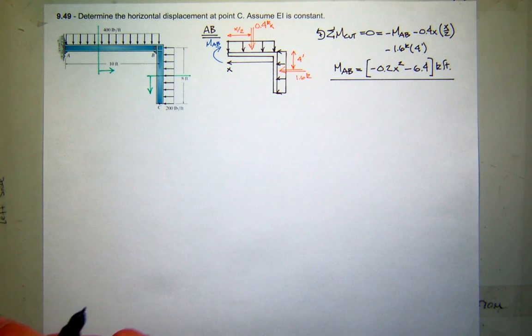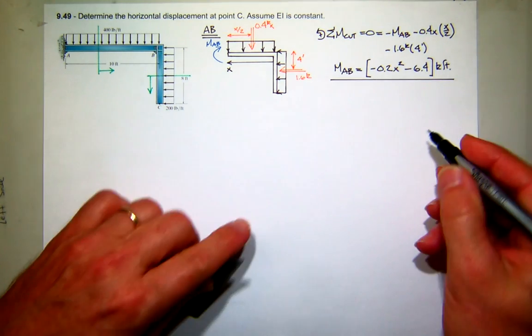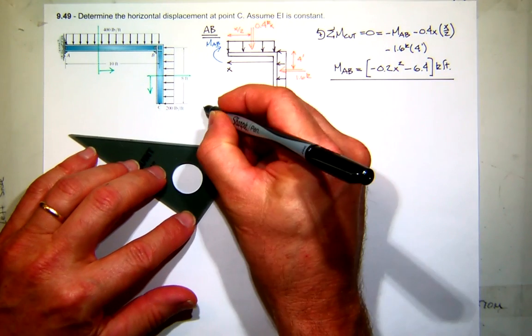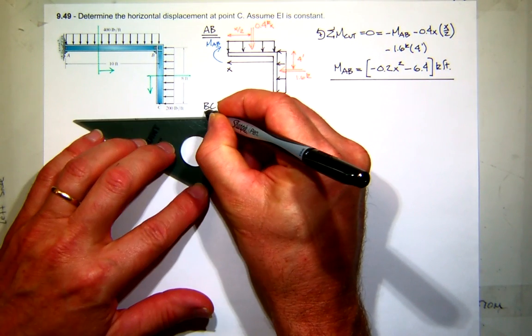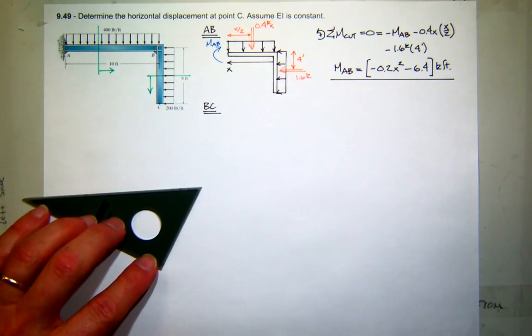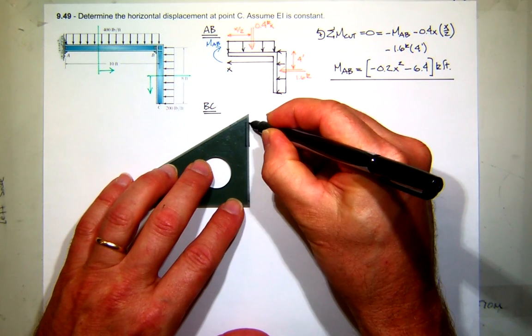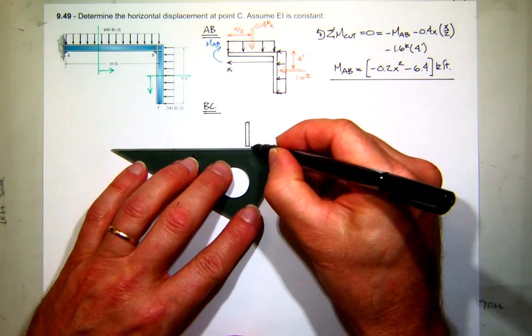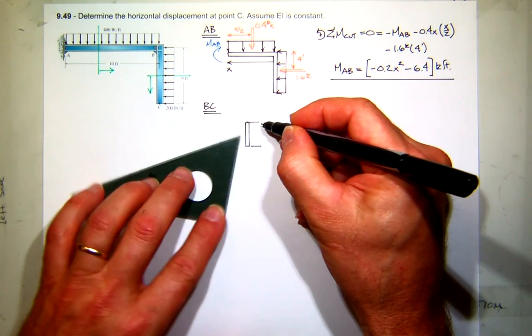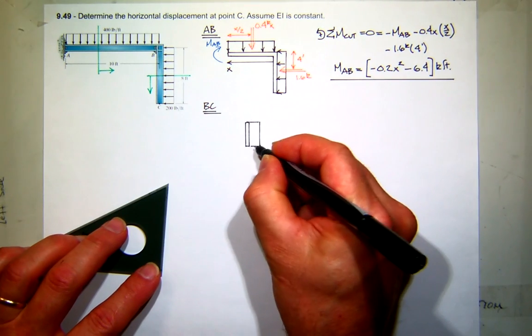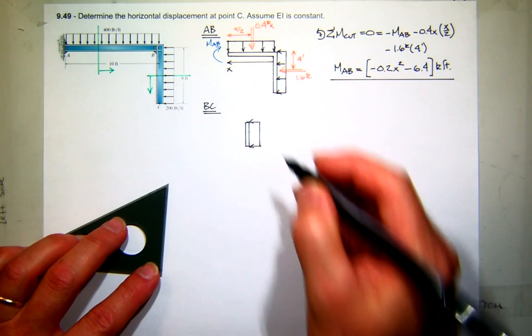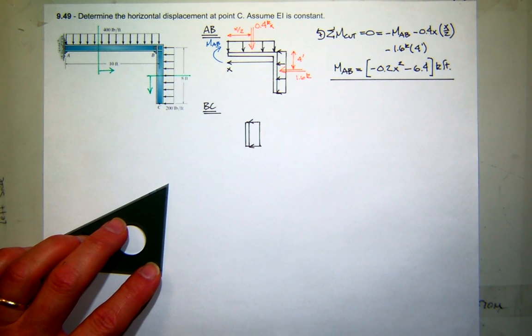Any questions about that? So let's go to the next section, which would be BC. So in that case, I'm looking at just the little bottom piece, and I've got my distributed load pushing to the left.